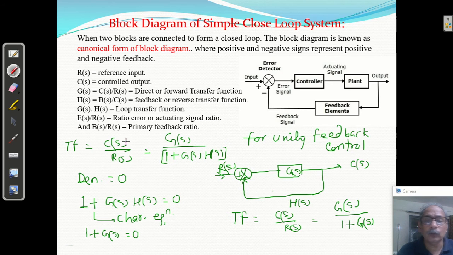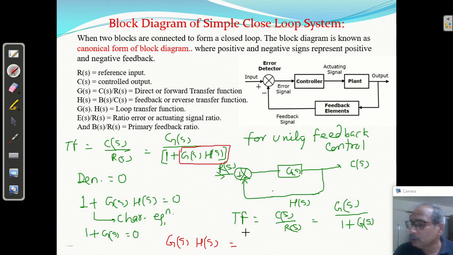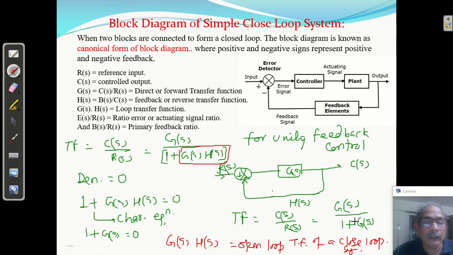This is the closed loop control system. Clear? This part, G of S into H of S, is known as the open loop transfer function of a closed loop system. It is called the open loop transfer function, G of S into H of S, or only G of S in case the feedback H of S is 1.